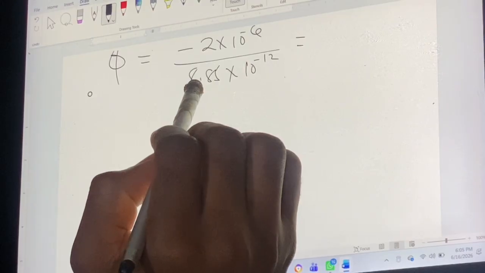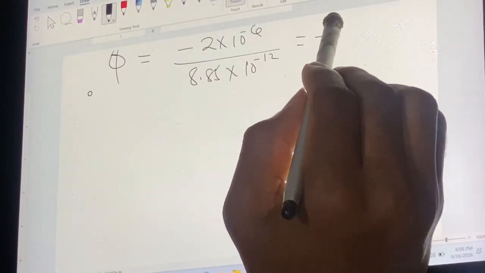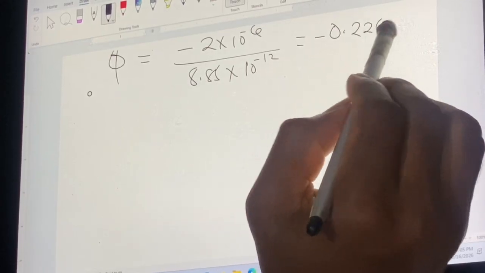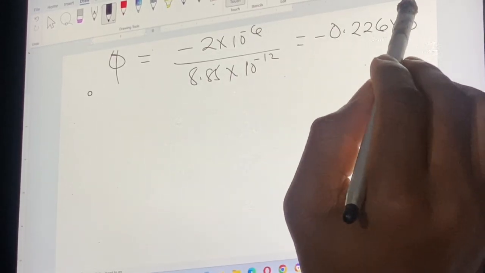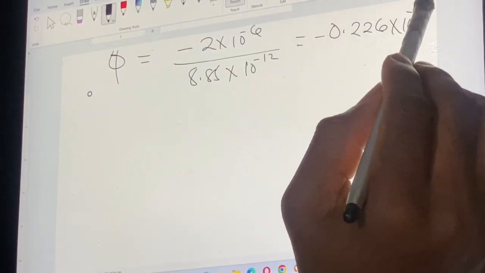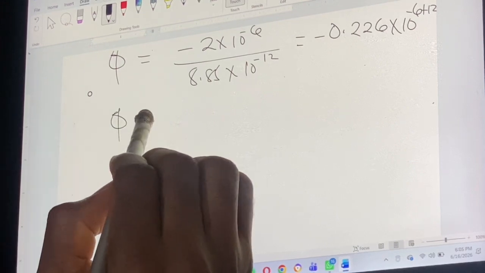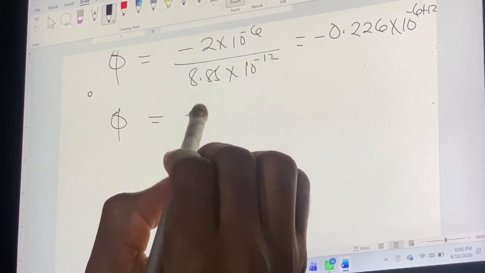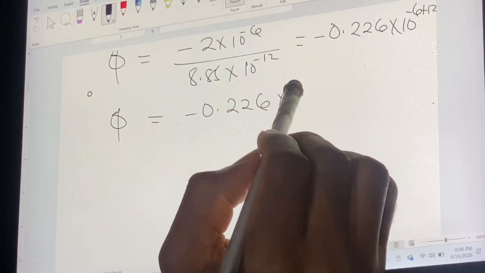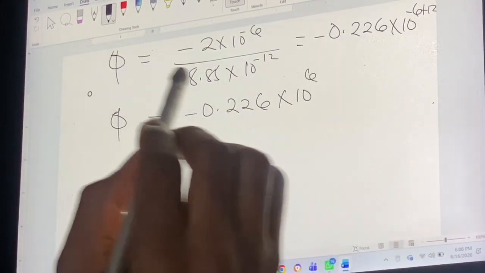Minus 2 divided by 8.85, we'll have this to be minus 0.226 times 10 raised to the power of minus 6. Let's take minus 12 from denominator to numerator. This is going to be plus 12. So phi will be equal to minus 0.226 times 10 raised to the power of minus 6 plus 12 will give us 6.